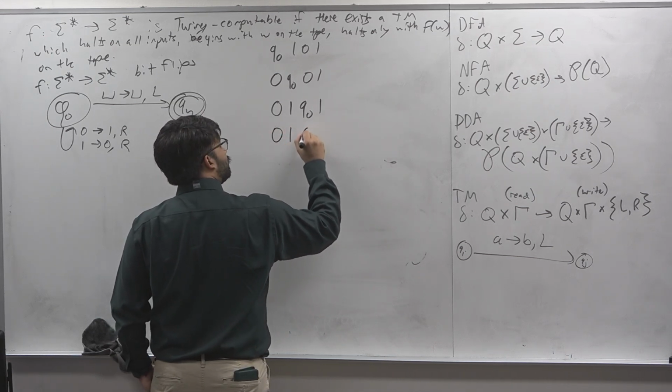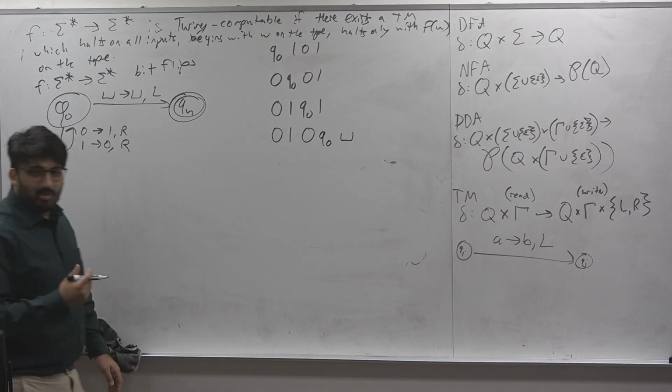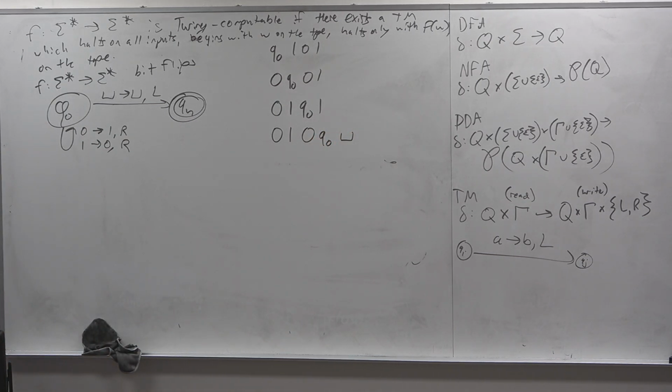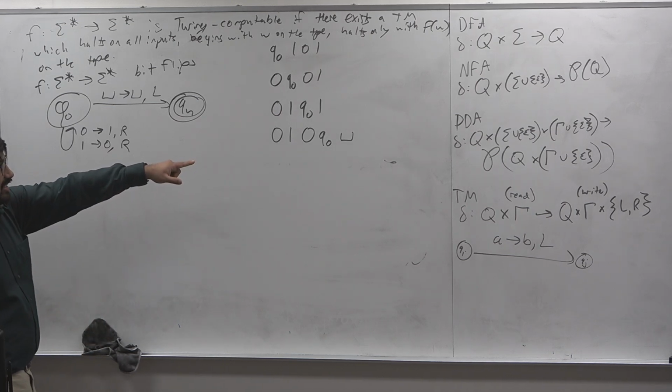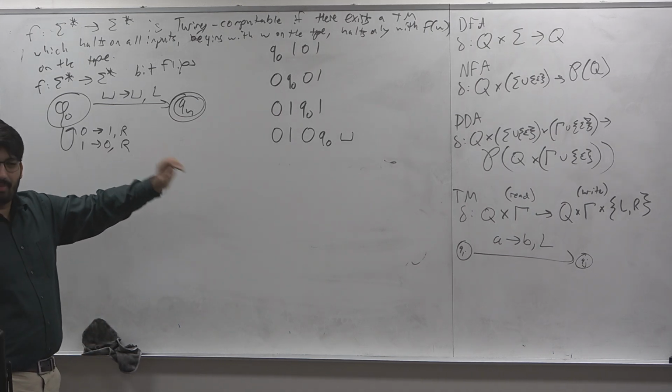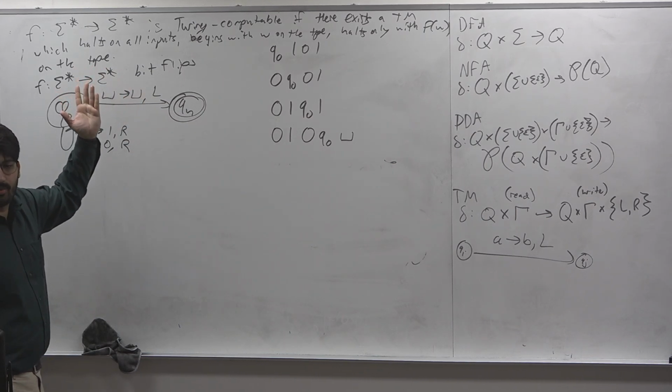So 010, Q0, and then we have a blank here, right? The blanks are always there. You can bring them in as necessary. Now what are we going to do? We see a blank. We're not going to disturb it. We're going to write the blank back, and then we're going to move to the left, just because that's what we did to make it harder.